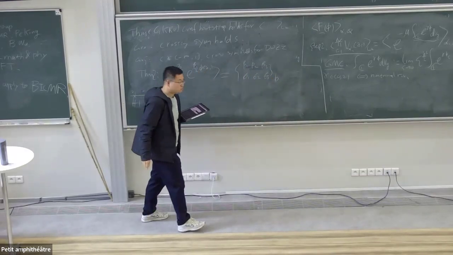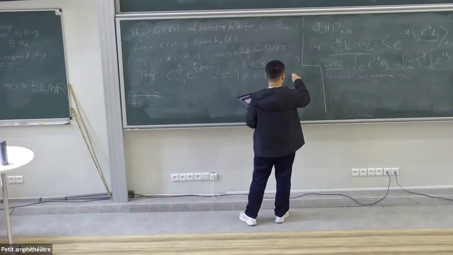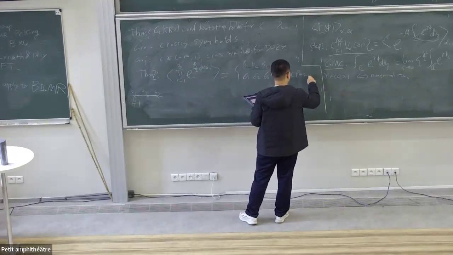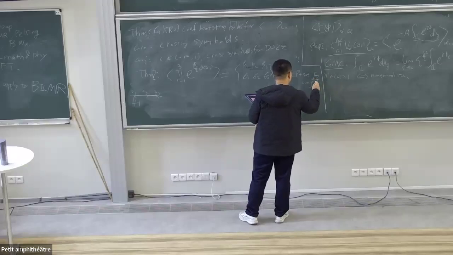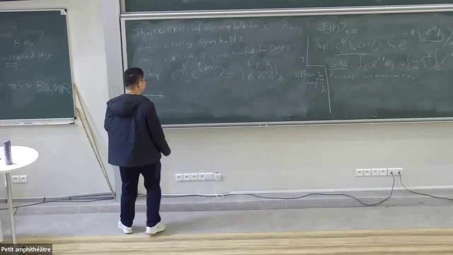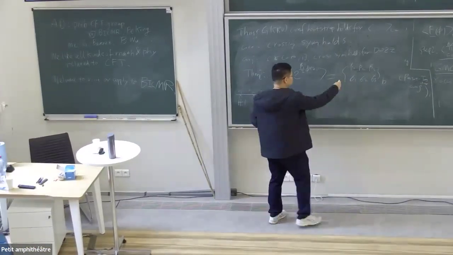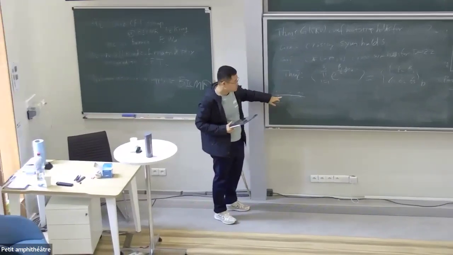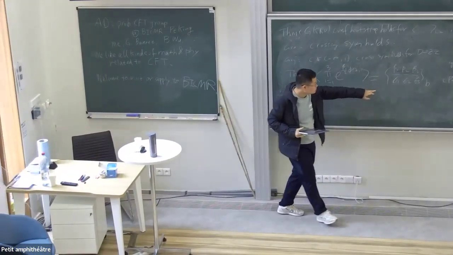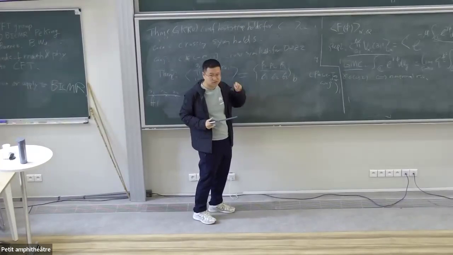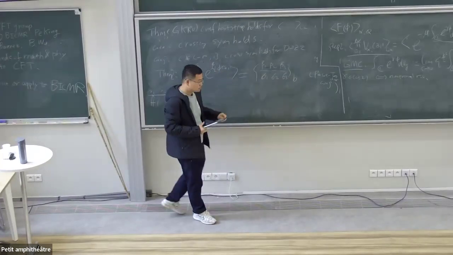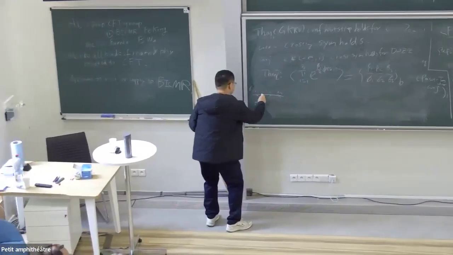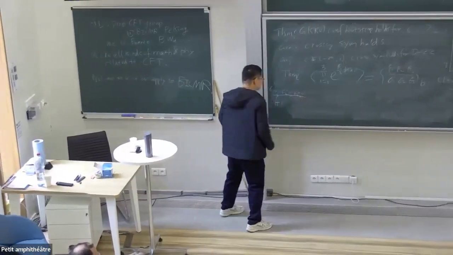This is another conjecture proposed by Ponsot and Teschner. And here, beta 1, beta 2, beta 3 is just the insertion at these points, and sigma 1, sigma 2, sigma 3 is a certain labeling of the boundary condition. So you have this boundary condition, sigma 1, sigma 2, sigma 3.